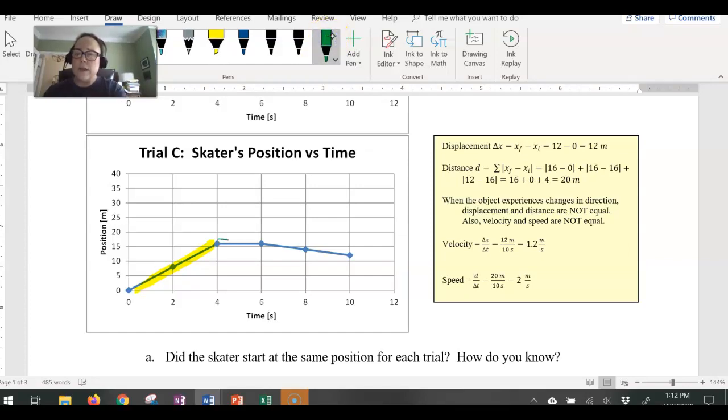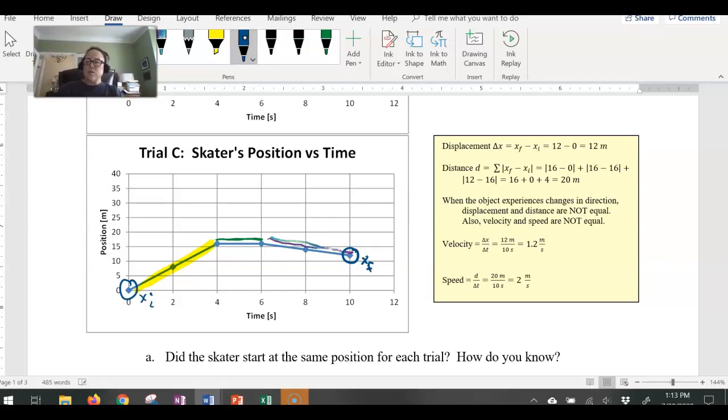And then we have a middle part where the skater paused for a couple of seconds. And then we have the third part where the skater moved in the negative direction. Okay, so to find displacement for this trial, again, we only care about the initial and final positions.